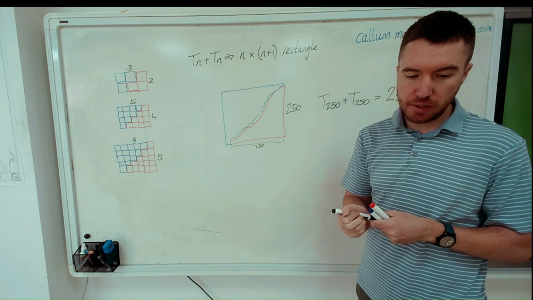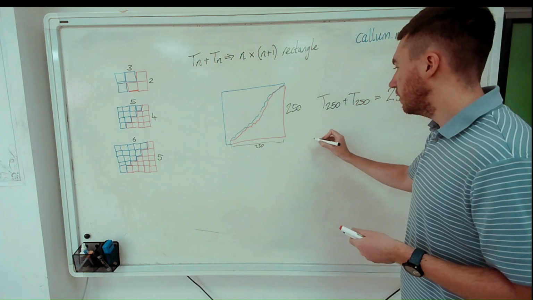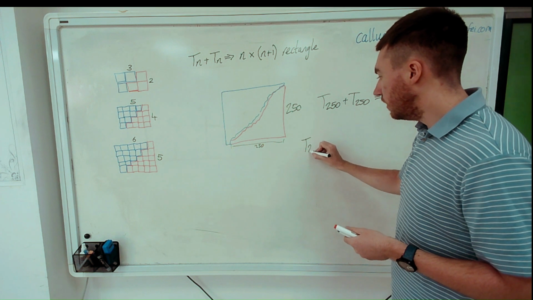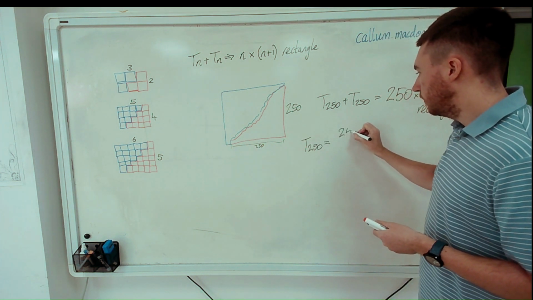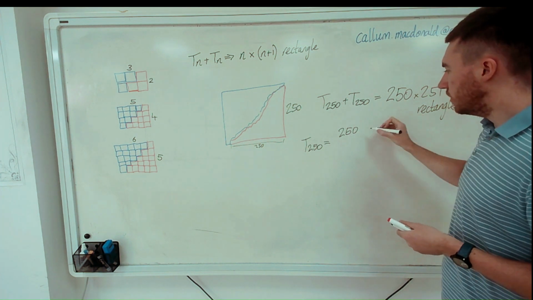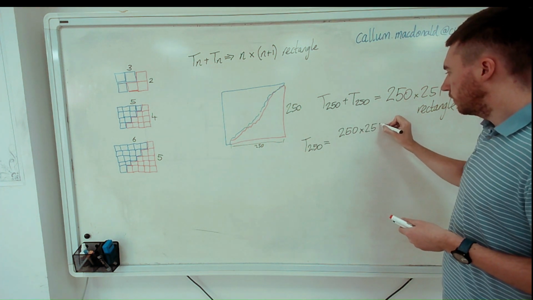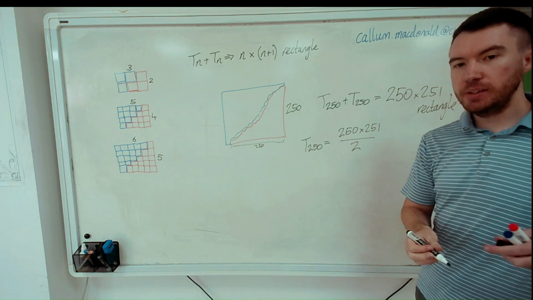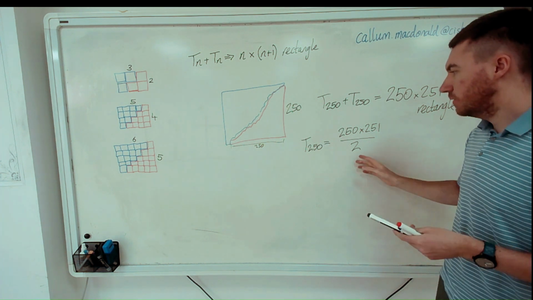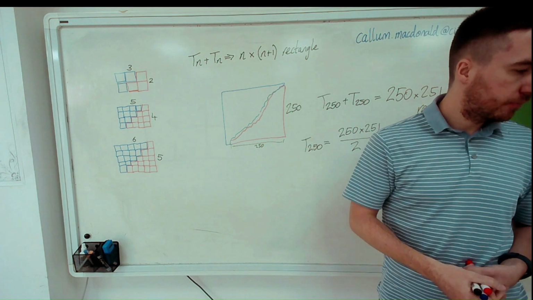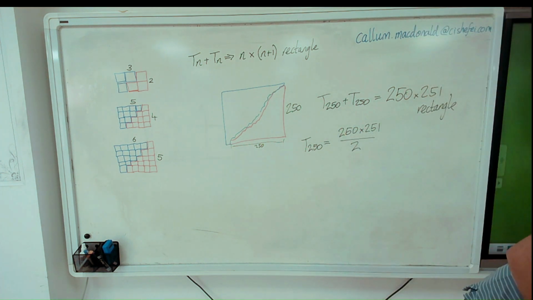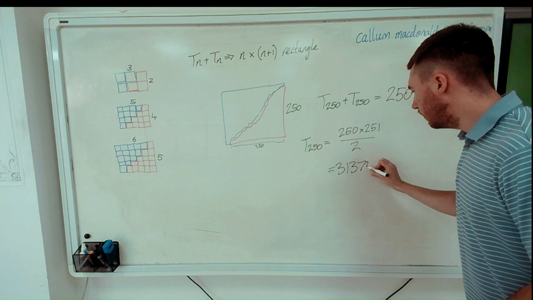So the answer to the question, can you work out the 250th triangle number, is what? Half of this. Right? This answer. Use your calculator to work it out, but that's how you do it. Now let me use my calculator. 31375.